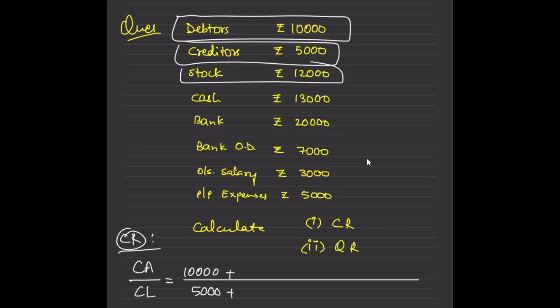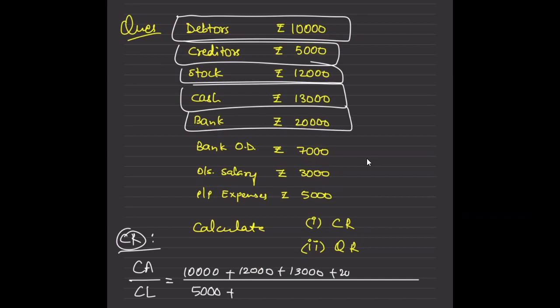Then we have stock, that is again your asset, plus 12,000. Then we have cash 13,000, that is an asset. Then we have a bank balance of 20,000, again an asset. Then we have bank overdraft, that is a liability. So that is current liability 7,000 rupees. We have an outstanding salary of 3,000, that is also your liability.